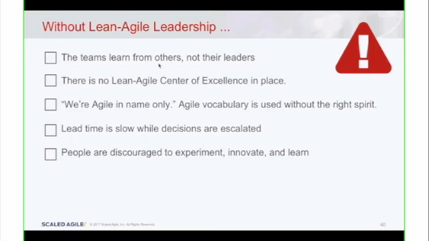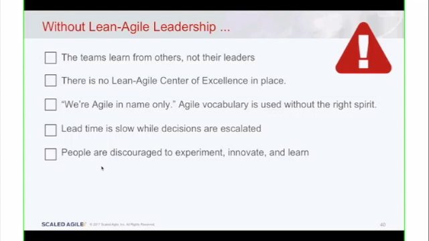Yeah, and then look at the last one, right? If you have leaders that discourage people from experimenting, in other words, you say, hey, we're agile, but you better not make a mistake because we're counting the beans that this is costing us, right? You're basically talking out of both sides of your mouth, and we don't want to see that, right?